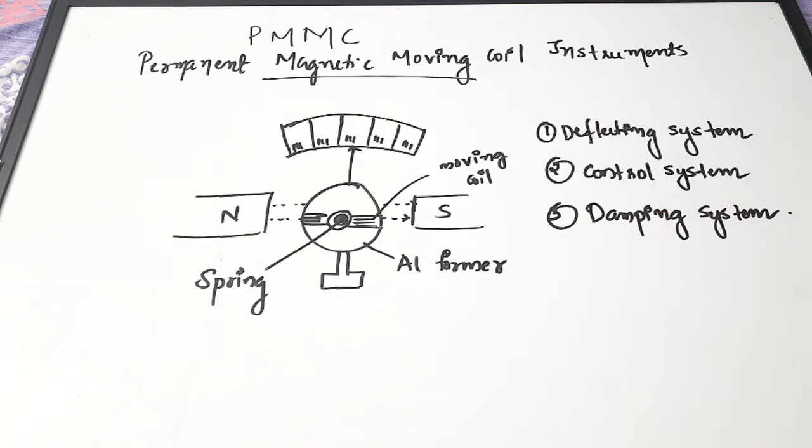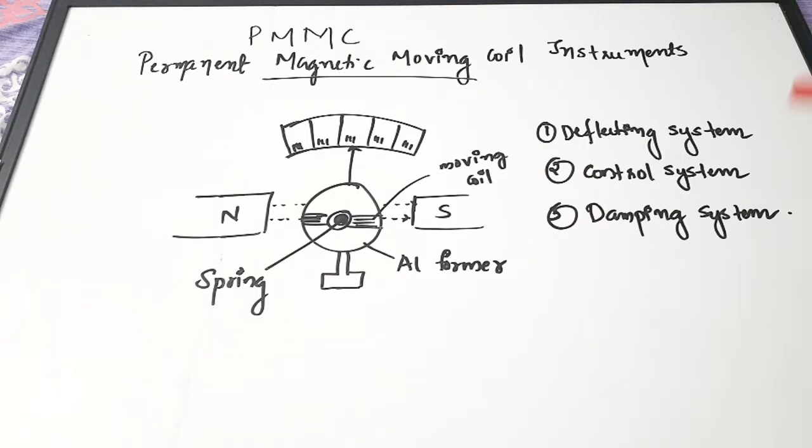In the video just before this, we discussed the working principles of indicating instruments: the deflecting force, controlling force and damping force, and the various types of each. In PMMC instruments, these three forces or systems are present.